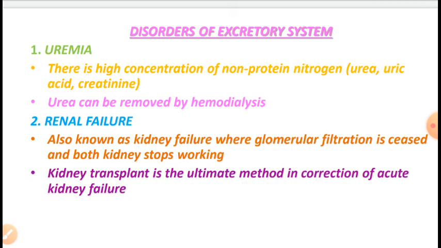When any foreign organ, foreign body, or foreign particle is introduced to our body, at that time our immune system gives a strong response, and chances of rejection are always there. But if we prefer the kidney of a close relative, these chances are less.